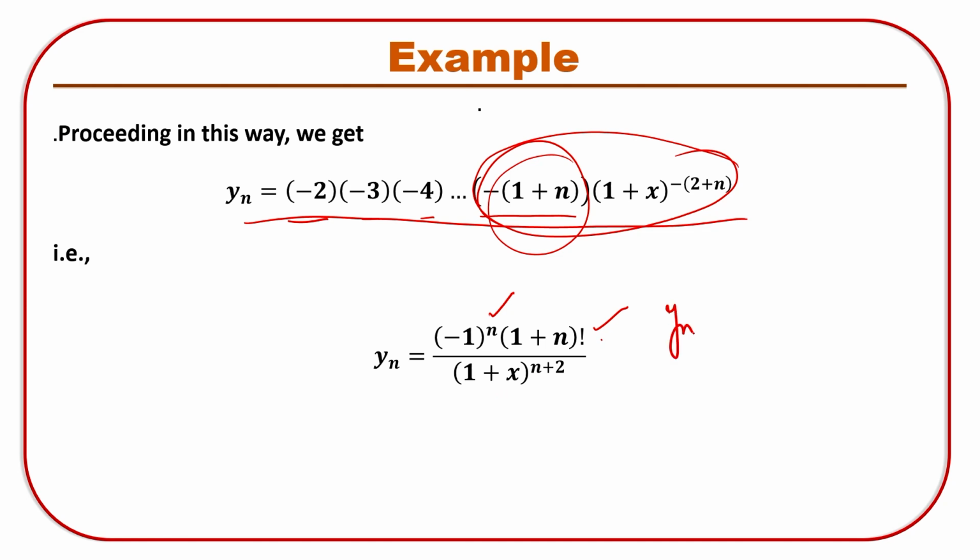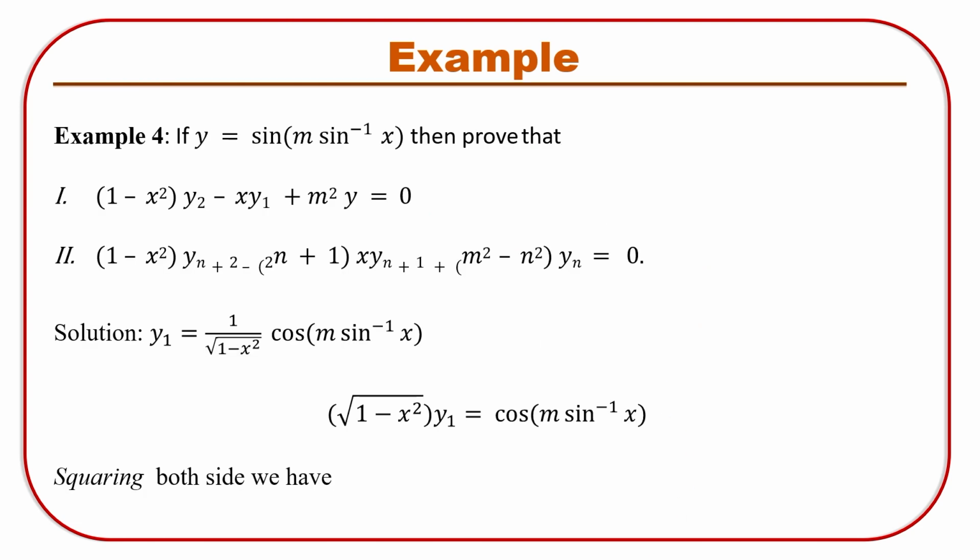So yn is simply, if y equals 1 divided by (1 plus x) whole squared, then yn is nothing but (-1)^n into (1 plus n) whole factorial divided by (1 plus x)^(n plus 2). So that's your answer. Example 4: y equal to sin(m sin inverse x).